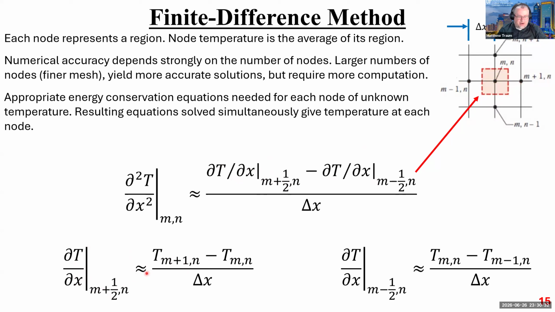It's an approximation. I'm taking basically a step from one spot to the other, dividing by delta x, and that's representative of my derivative. The same is true in the other direction.